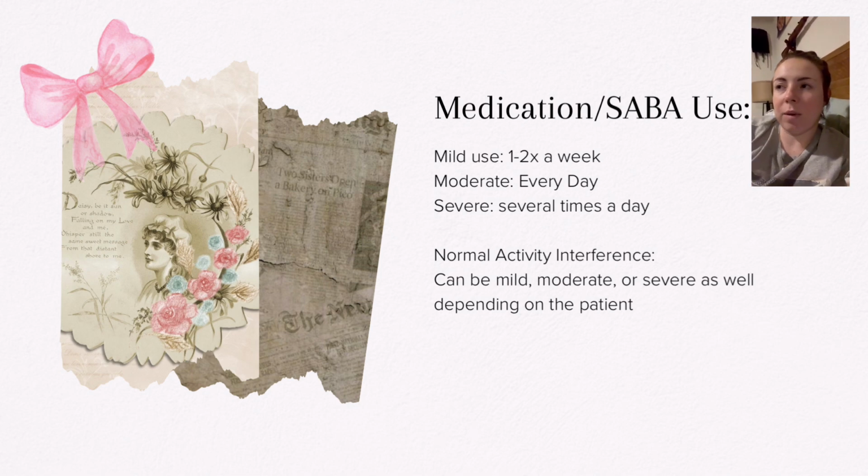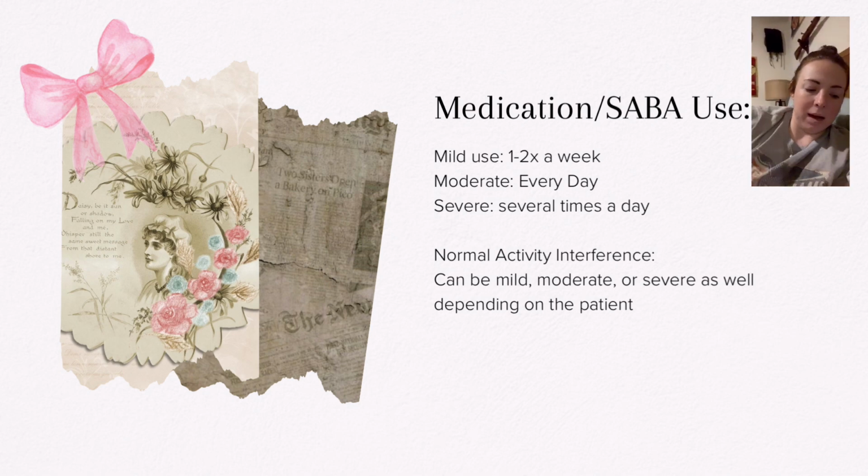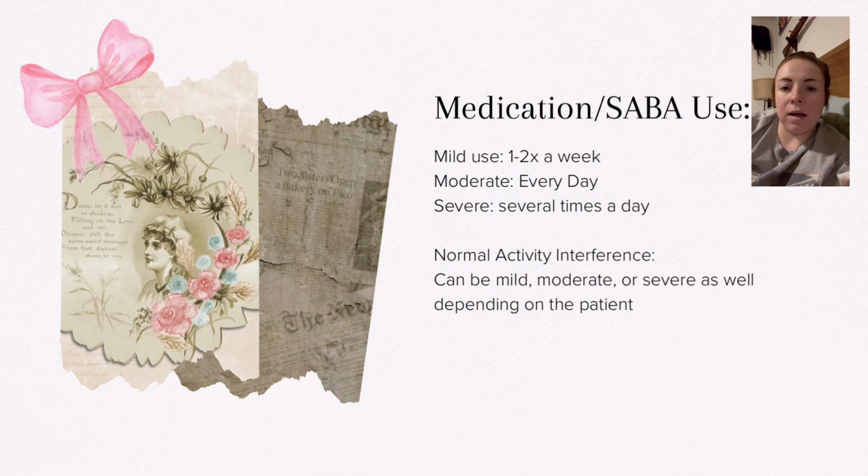Another way that you can look at this too is, is it affecting my daily activities? Is it affecting my daily living, right? So if it's affecting the patient on a regular daily basis, then it might be more severe because it's affecting their ability to function normally.